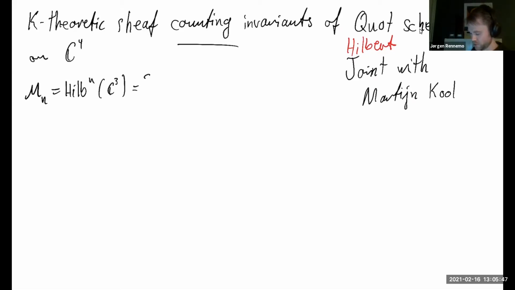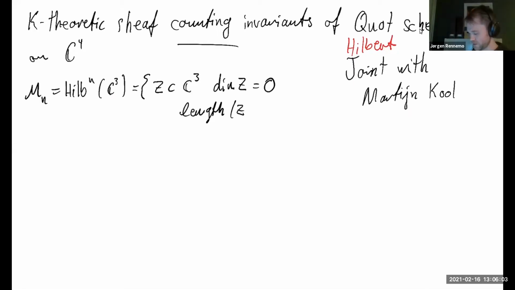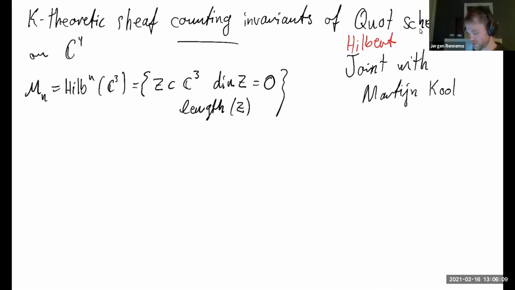Right, so the moduli scheme of closed subschemes of dimension 0 and length n. So really generically n points, and then they come together to form some non-reduced subscheme in various ways, but mostly it's just the moduli scheme of n points on C3.